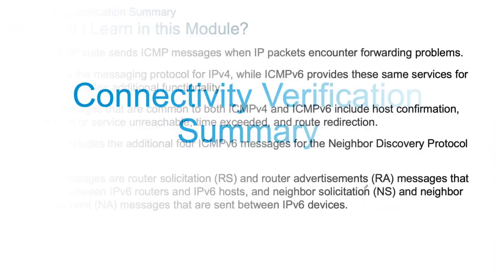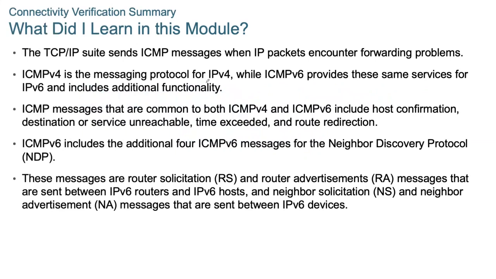So in this connectivity verification, if you try to summarize that, the TCP/IP suite sends the ICMP messages when IP packets encounter forwarding problems. This is ICMPv4 for IP protocol version 4, and it can be used for IPv6 also.